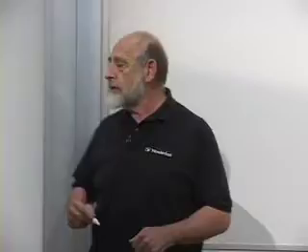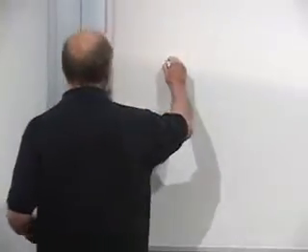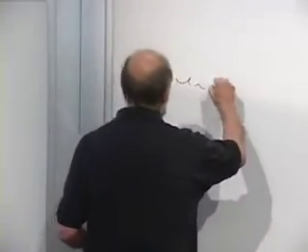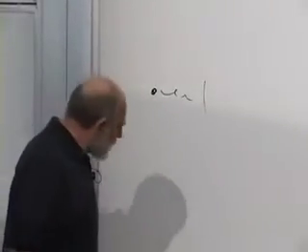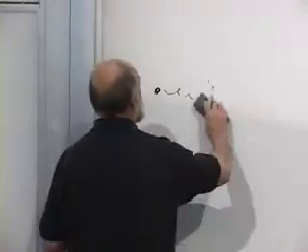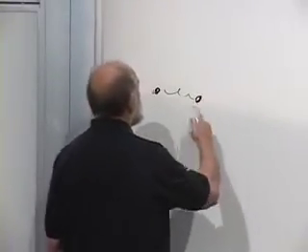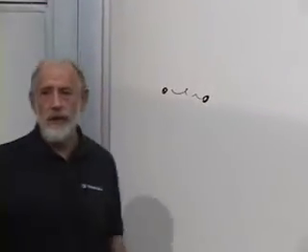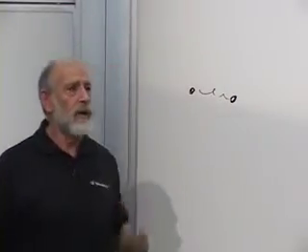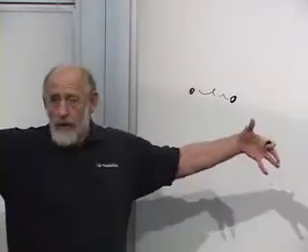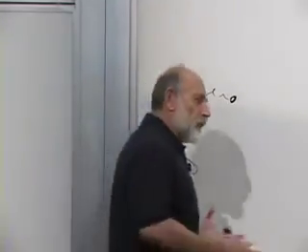Well, how about a spring? Supposing you have a particle on a spring connected to the wall, or 2 particles connected by springs. How does the force depend on the separation between them? The force grows linearly with the separation between them. Of course, until you break the spring, but let's not break the spring.